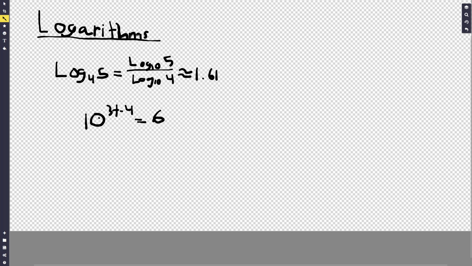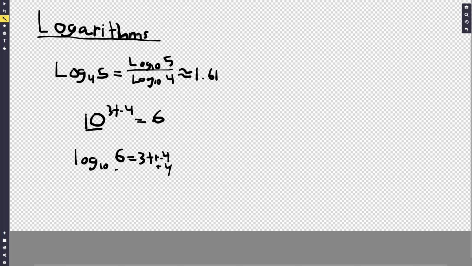So let's turn this into a logarithmic equation so we can get the variable by itself. Remember, this would be the base. So we have log base 10 of 6 is equal to 3t minus 4. Well then, let's just isolate the variable.